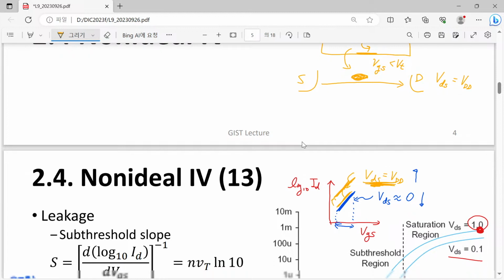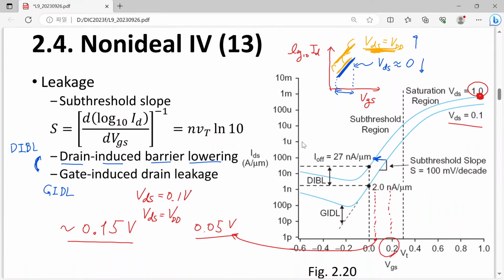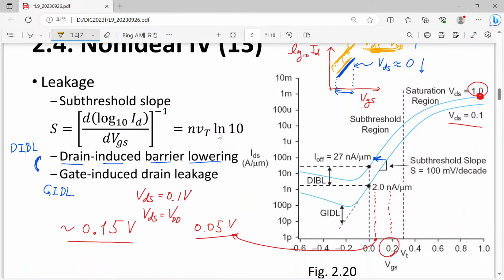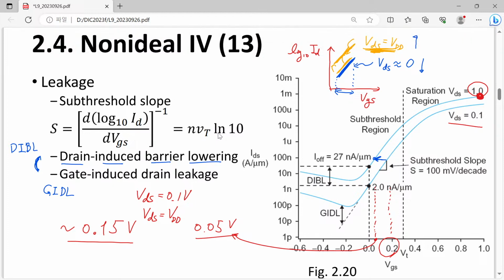So this DIBL, so-called DIBL, is regarded as the best measure to visualize or quantify the amount of controllability of our gate. So if this DIBL is high, we just measure the voltage shift here.